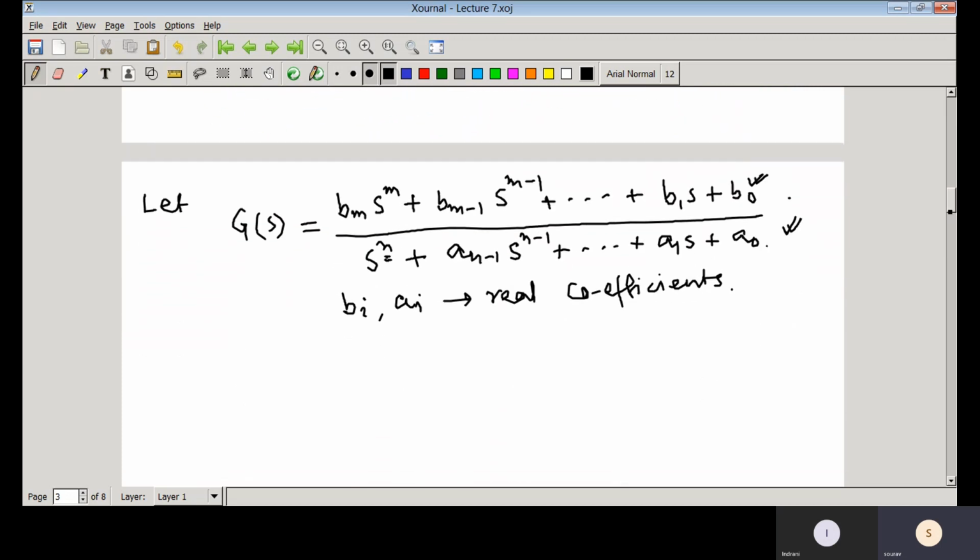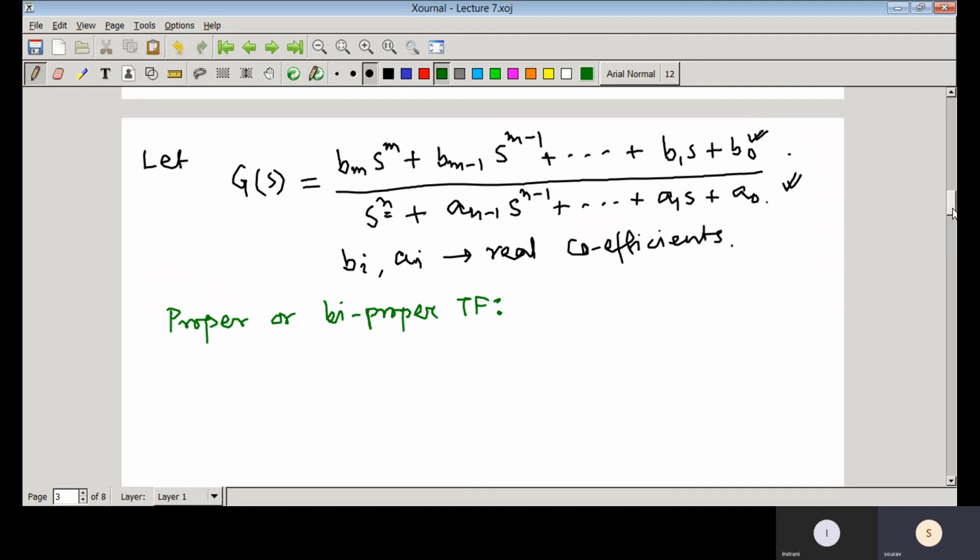So what is a proper or biproper transfer function? Transfer function, I am using the abbreviation TF.